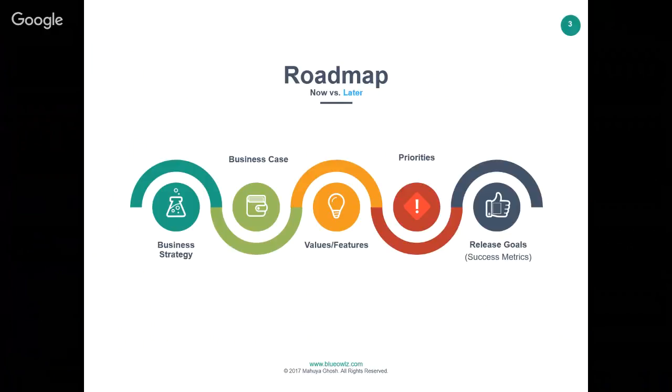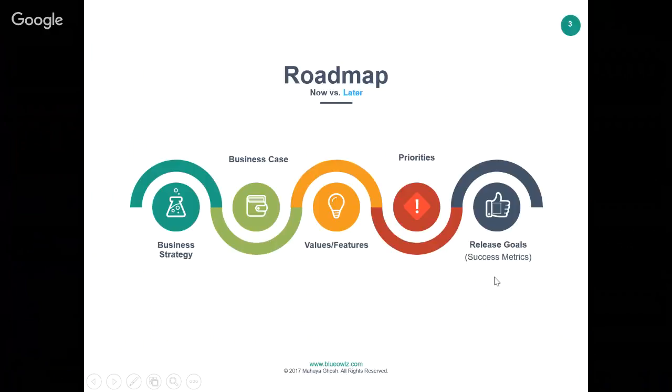Then once you have the list of features, it's all about prioritization. Prioritization is about understanding what needs to be done or solved immediately versus what can happen over a period of time. So there are, again, various techniques for doing each of these.